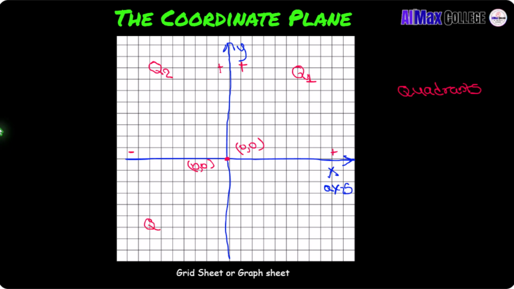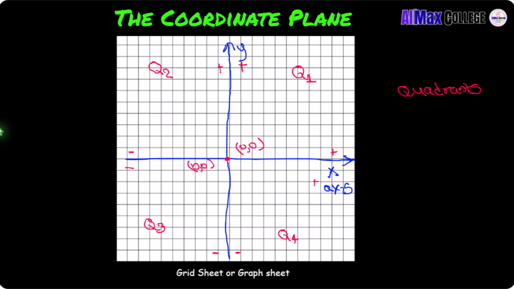Both x and y are negative. Quadrant 4 is bottom right. X is positive and y is negative.